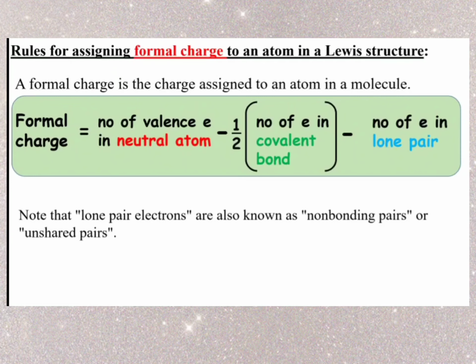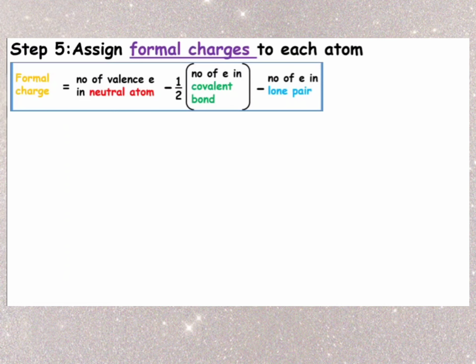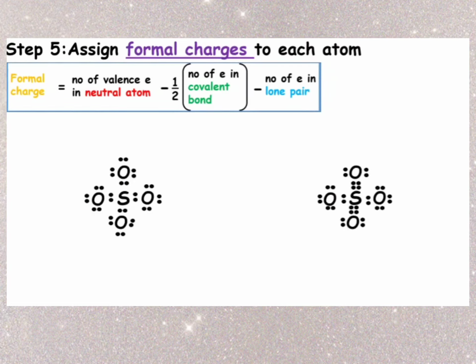My dear students, always bear in mind that the sum of the formal charges of the Lewis structure of a molecule or ion must be equal to the net charge on the molecule or ion. Therefore, in order to determine the correct Lewis structure of sulfate ion, we need to go to the last step, calculation of the formal charge of each atom in the molecule.